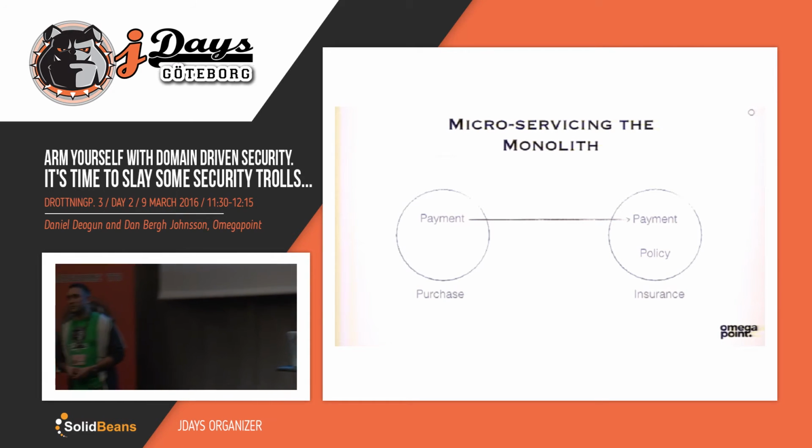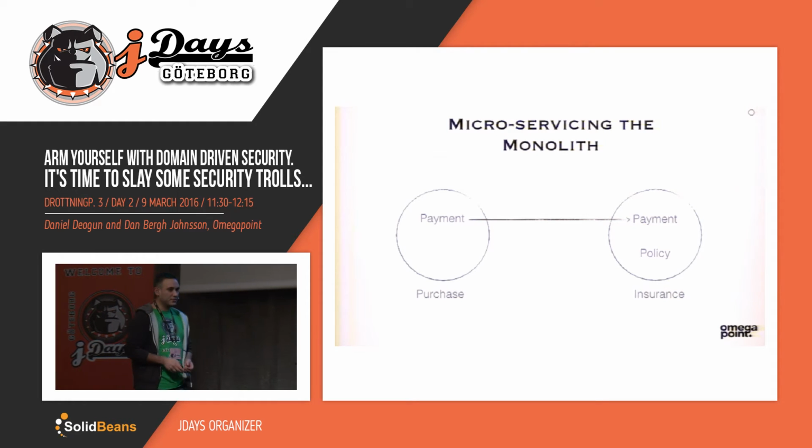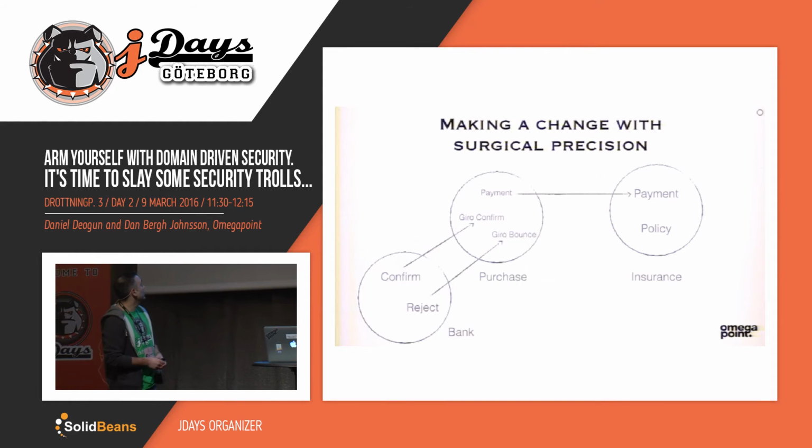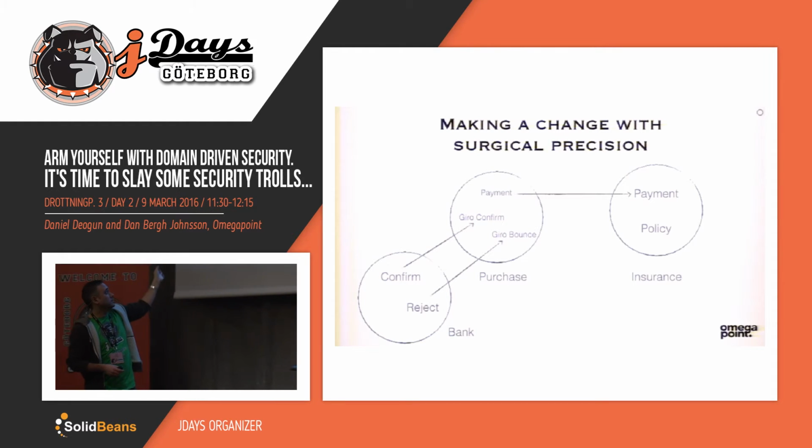The problem really came up when business came up with this great idea, or sales, or whoever it was, that, you know what, we should allow gyro payments through banking. Exactly. Okay. And so some customers wanted to be able to pay this way, and in order to do this, they added a separate context, or another microservice, of course.